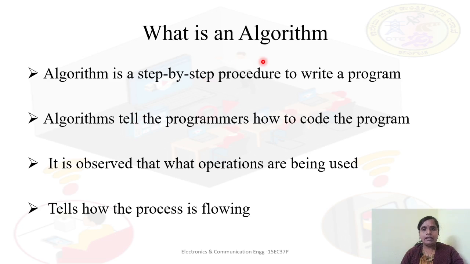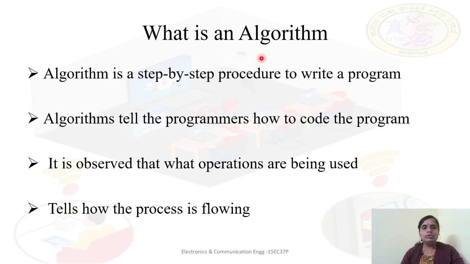Before going to the actual algorithm of the program, let us just define what an algorithm is. Whenever a problem statement is given to you and a program is being asked for, you will have to think about what the inputs to the program are. Depending upon what output is asked, we think about what the input is and how we are going to process that input.